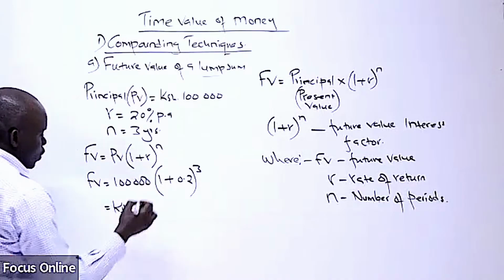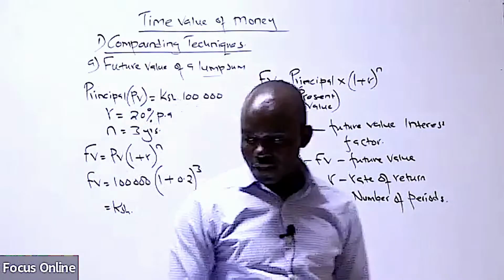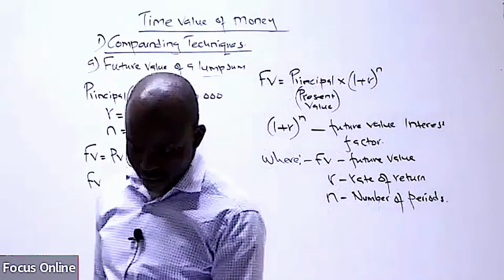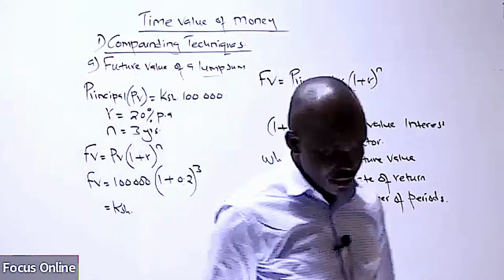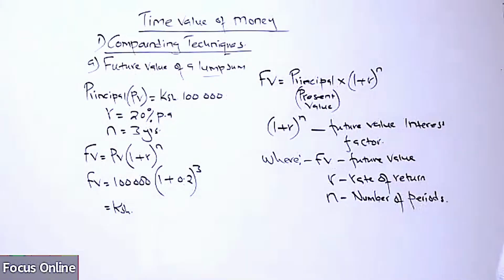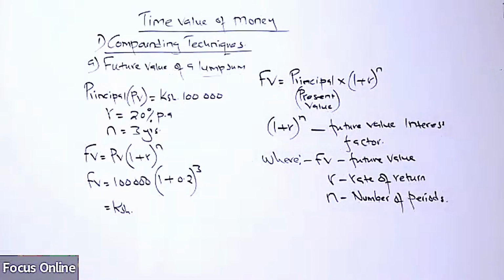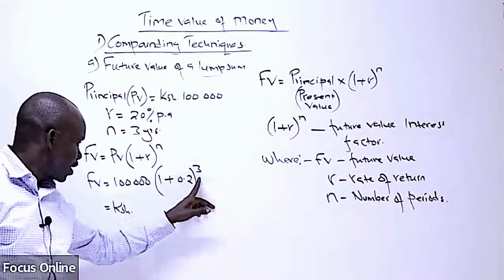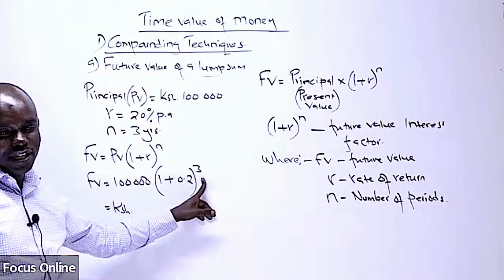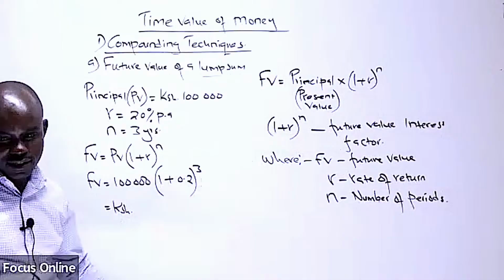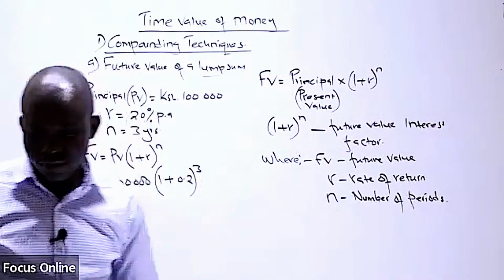So get the value of the investment after 3 years. How much are you getting? You must know how to put this power 3 in calculators. Anyone who doesn't know will be assisted.